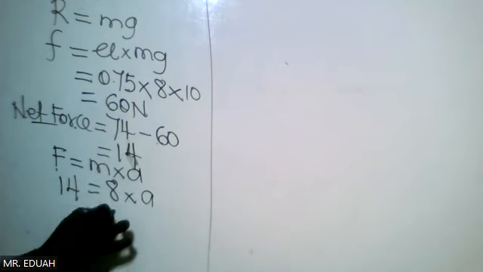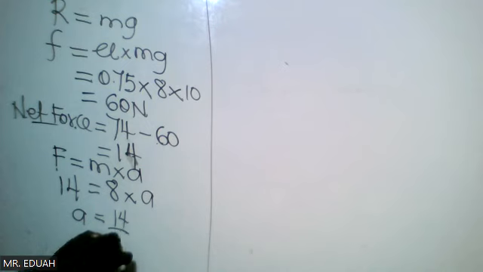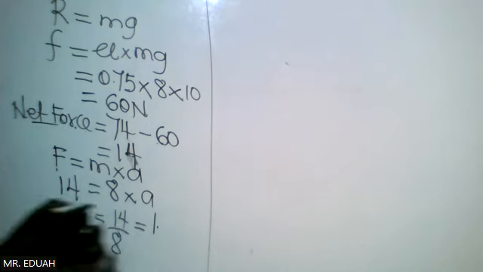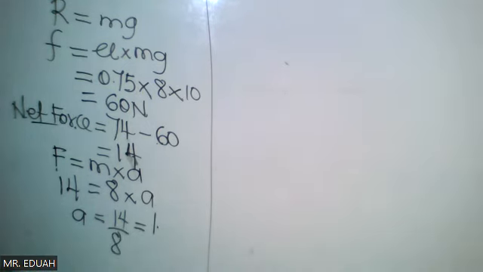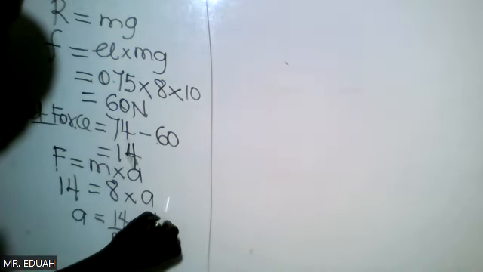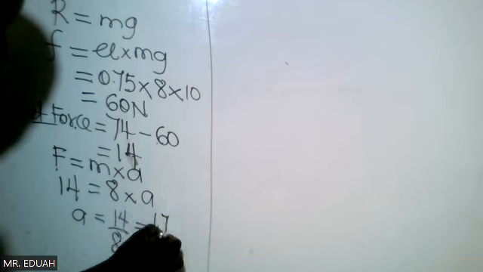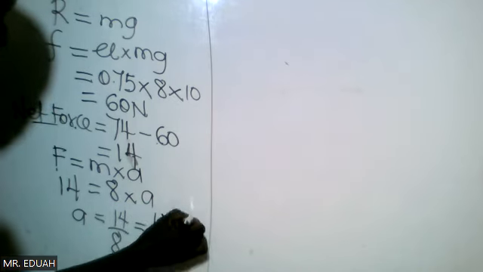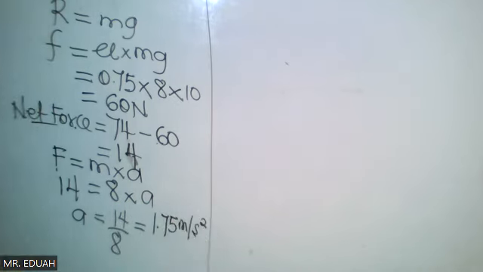A therefore is equal to 14 over 8, and this is 1.75 meters per second squared.